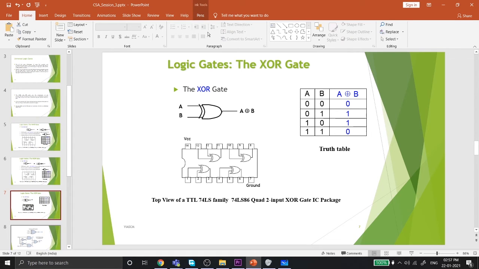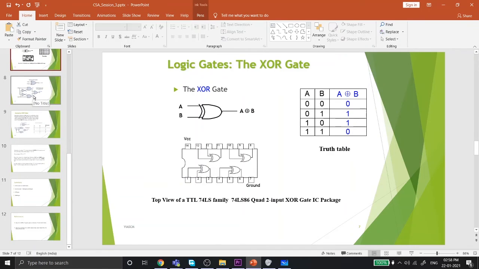You just have to remember this. That is, if only one of the inputs is 1, it gives 1 as an output. Otherwise, when both inputs are 0 or both inputs are 1, the output is 0. So the exclusive OR gate is very simple. It's downright simple.